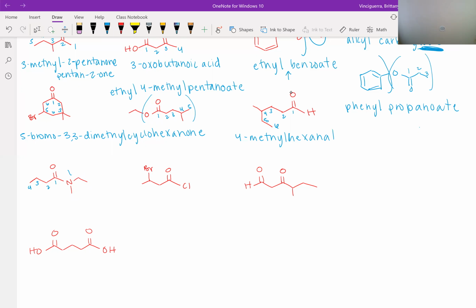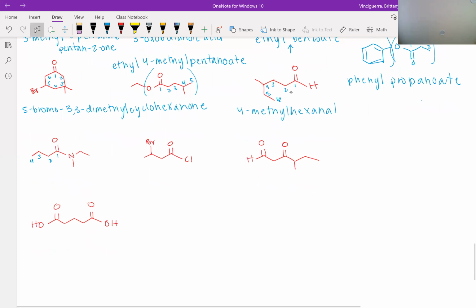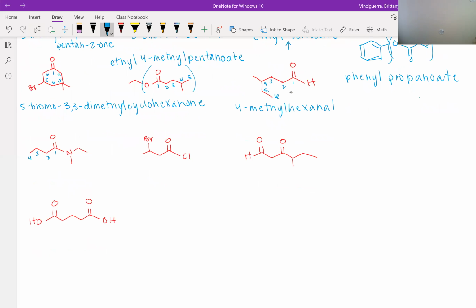What is the suffix? Is it not just amide? It is, yeah. So you would use your 4 carbons. Butanamide. Yeah. And then in order to indicate these, what do we do?